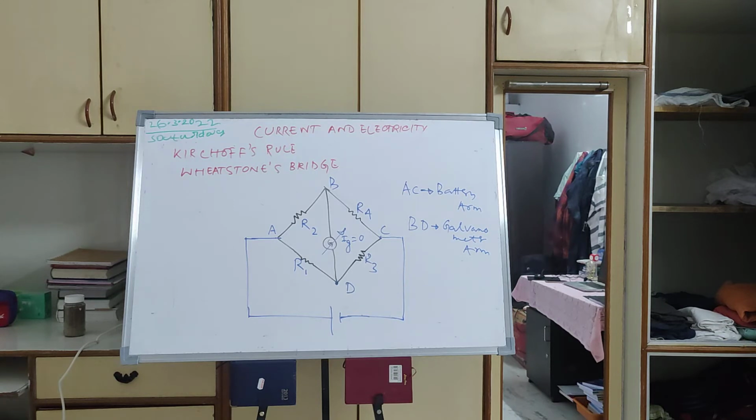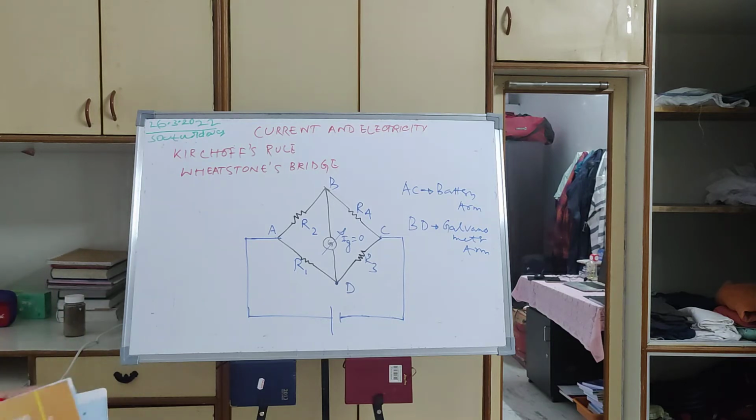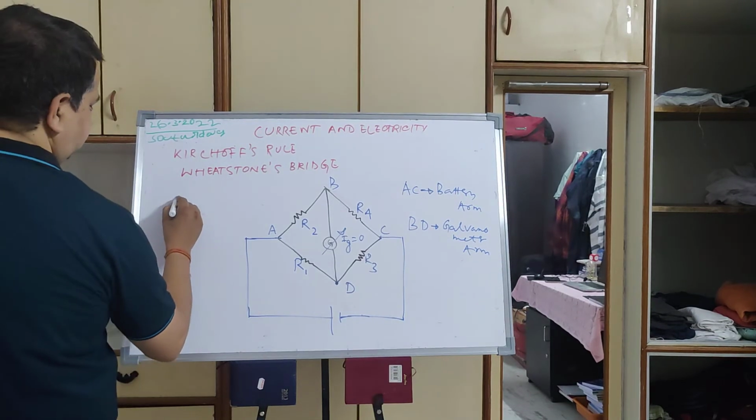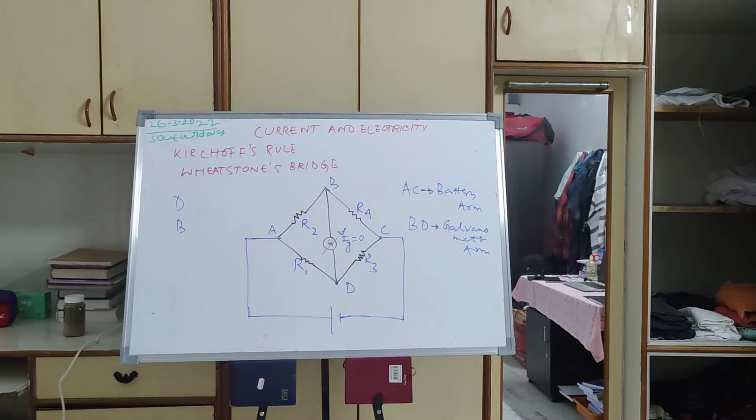So for the Wheatstone bridge we will be applying two of Kirchhoff's rules. One is the junction rule and another is the loop rule. There are two junctions. One junction is D, another junction is B.